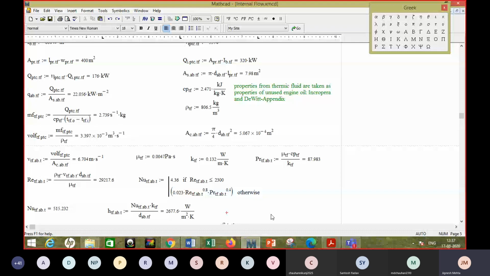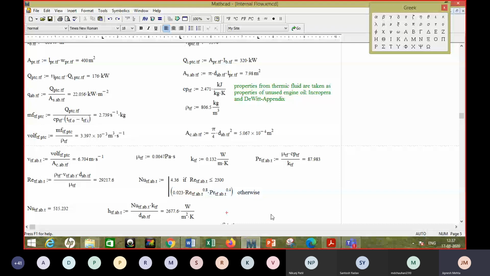Now this whole tube is almost fully in the fully developed region, so you can say that the temperature difference between the fluid and the surface is going to remain constant. So heat flux is equal to h times the temperature difference between the surface temperature and the mean fluid temperature. Here the surface temperature is higher, so to keep it positive, you write surface temperature minus mean temperature. But it is different at entry and different at exit.